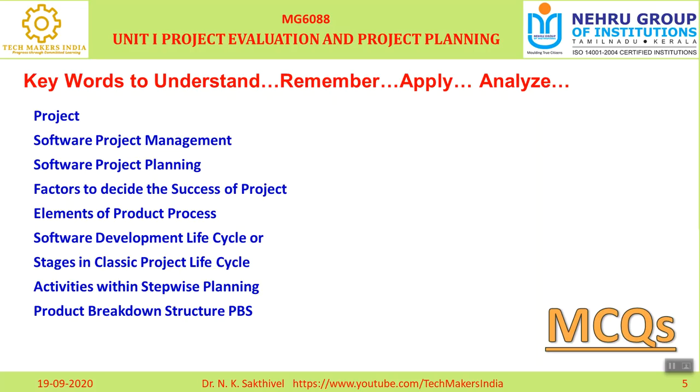So as far as software project management is concerned, the work breakdown structure goes to a deep level, whereas the product breakdown structure focuses only on the physical elements of the product. This is the distinct difference between the two models. Please understand, one question may come from this topic.